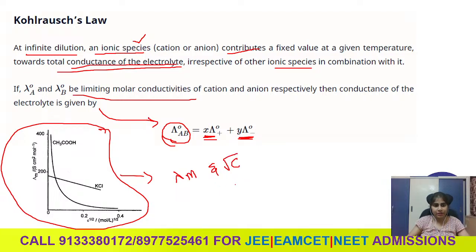Here it is showing the graph for CH3COOH, a weak electrolyte, and a strong electrolyte. If a weak electrolyte is taken, the graph between lambda m and root c is in a parabola shape.